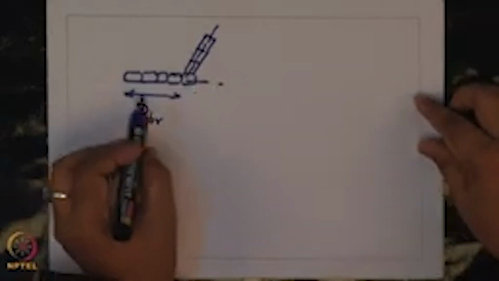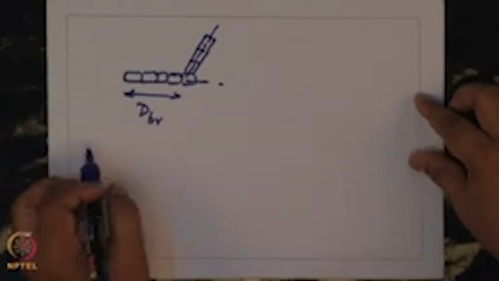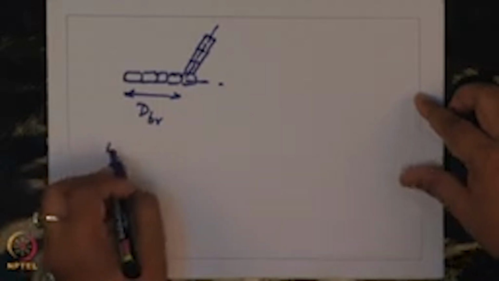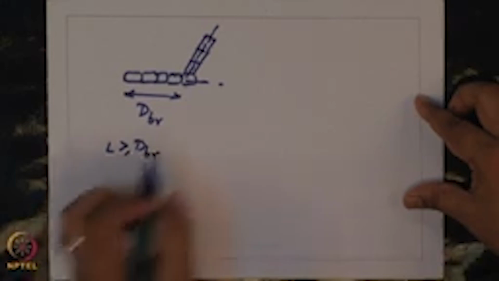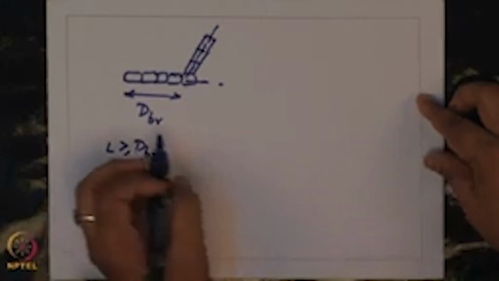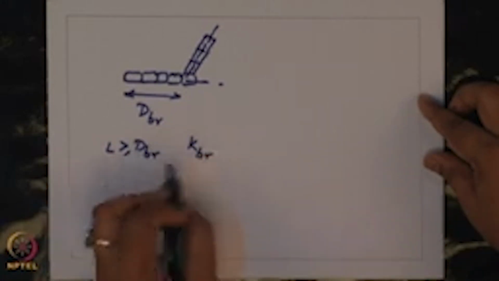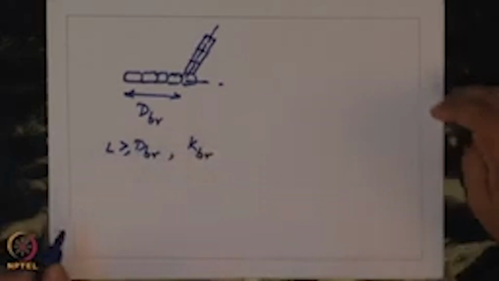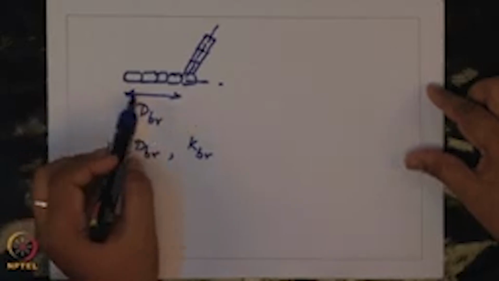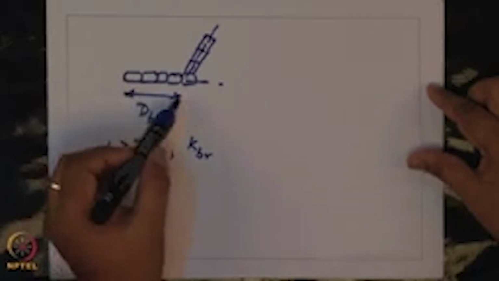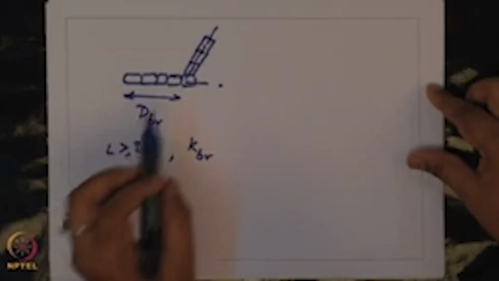So, this is the minimum distance, which means that for any filament length L greater than or equal to dBr, you have a finite probability, or a finite branching rate. So, it is not necessary that as soon as an existing filament reaches a length of dBr, the next filament has to branch.